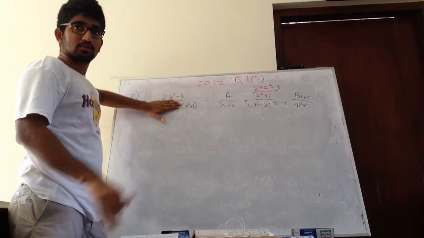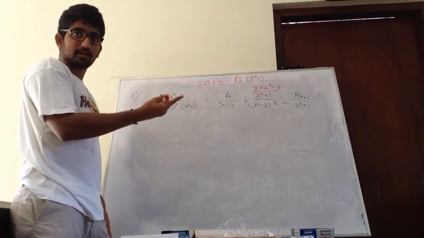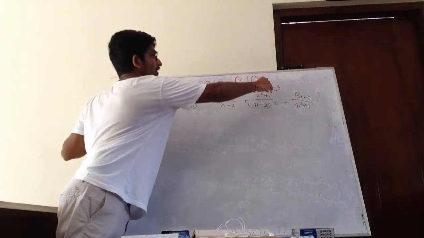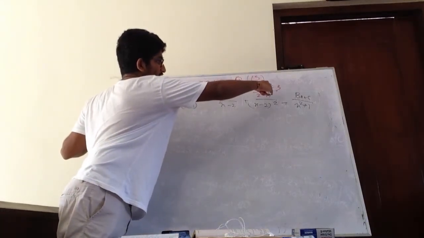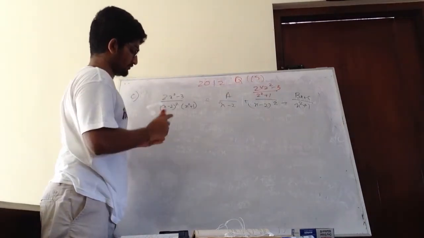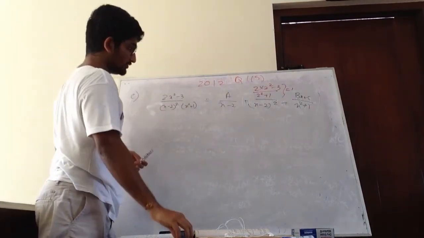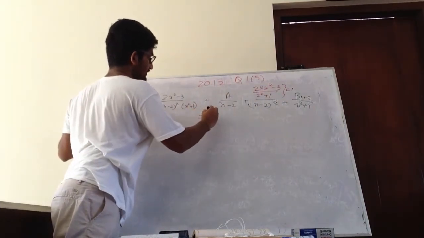This is the thing where you close one up and get the answer. So here, 8 minus 3 is 5, this is also 5, so this is going to be 1. So this part is going to be 1. That means you can simplify this as this one.